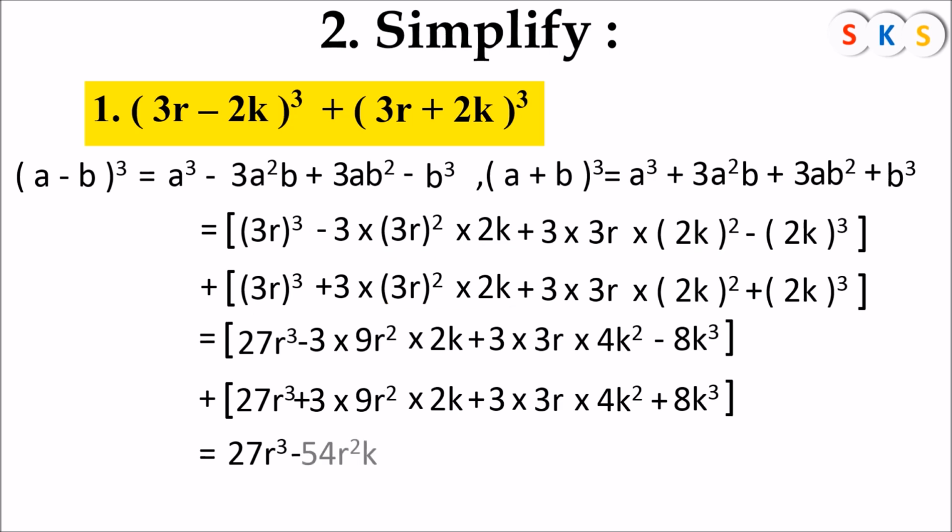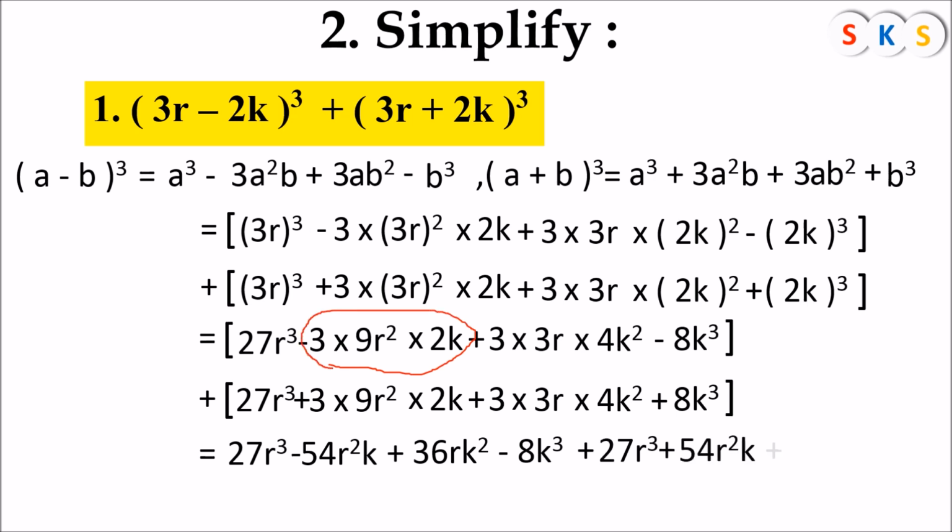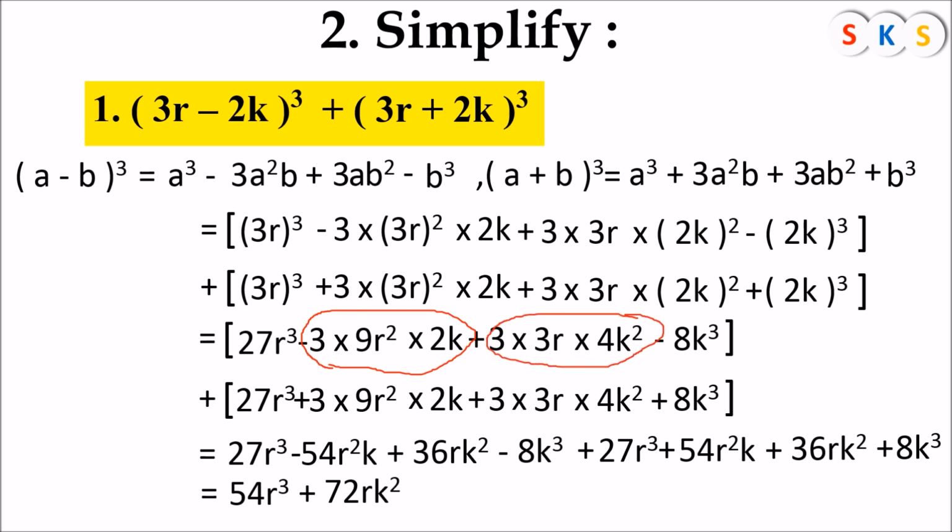What we'll get equals to 27r cube. Now here we will simplify this. What we will get, 3 into 9 into 2 is 54r square k, plus, multiply this, 4 into 3 into 3, 36r k square minus 8k raised to 3 plus 27r cube.